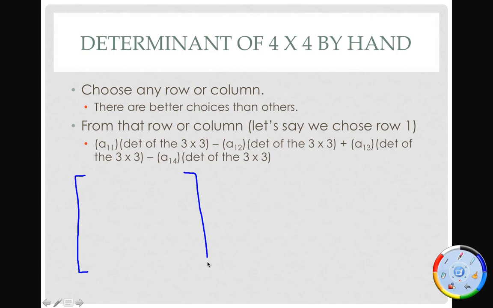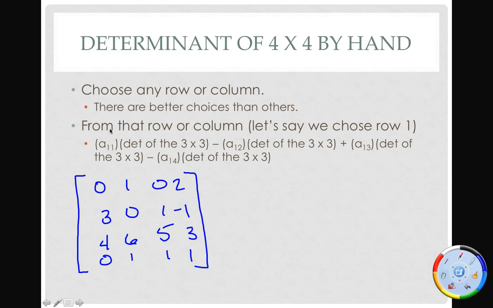So we have a 4x4 matrix here. Let's do 0, 1, 0, 2, 3, 0, 1, -1, 4, 6, 5, 3, 0, 1, 1, 1. Like I said, any row, any column, doesn't matter. Choose a good one. I would not choose the row with 4, 6, 5, 3 because that creates bigger numbers.